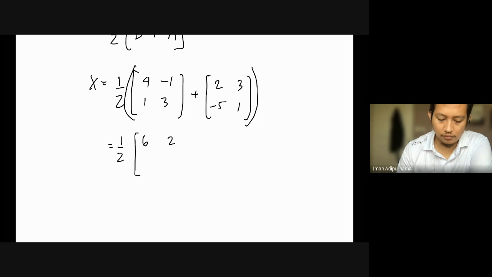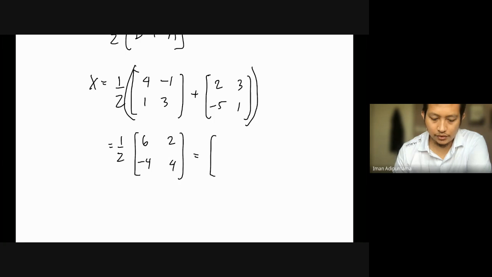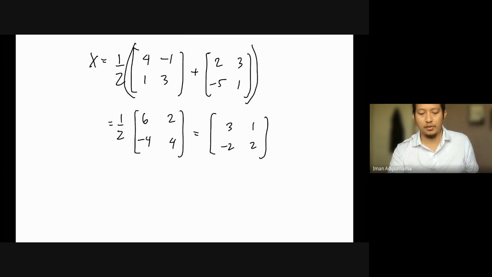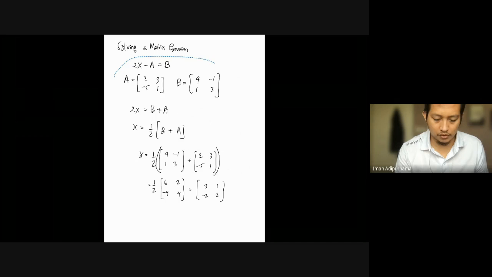That gives 6, 2, -4, 4, and this will be resolved to 3, 1, -2, 2, and this will be the solution for x. I think that should be easy enough.